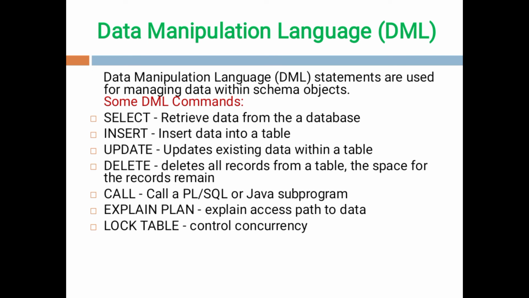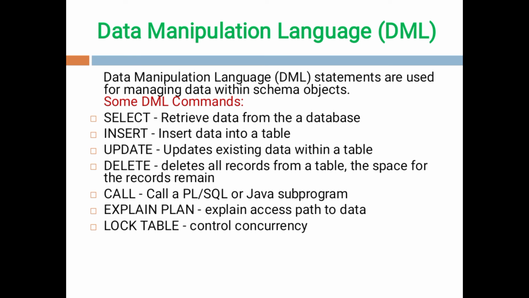To delete all the records from a table, we can use the delete command. In DDL, we have the drop command to remove all the records, to remove all the data, including spaces. In DML, we use delete, which deletes all the records from a table.